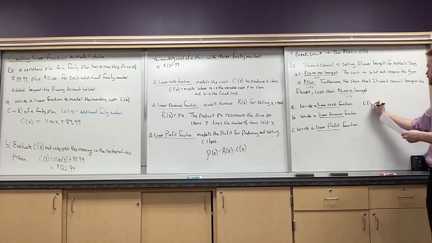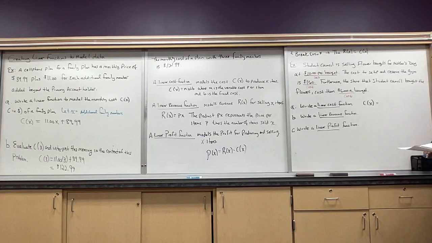So for my cost, C of x, well, let's see. 160 is never changing. That's always going to be that. I don't know how many of these I bought, but they're $6 each time. So it'd be $6 times every bouquet that I buy, plus the 160, which again never changes. So there's my cost function.